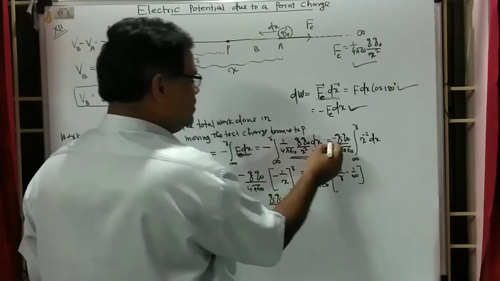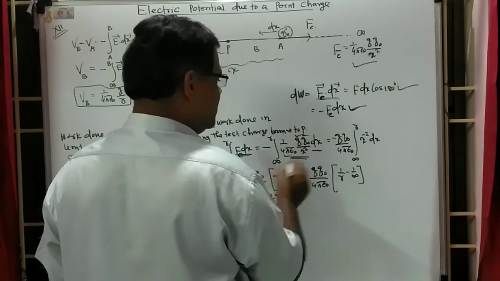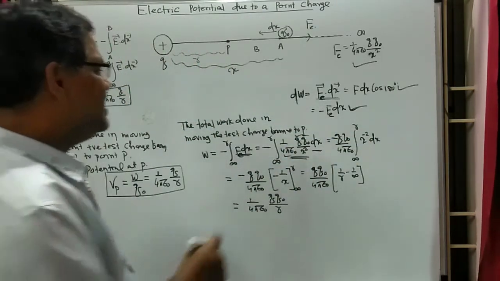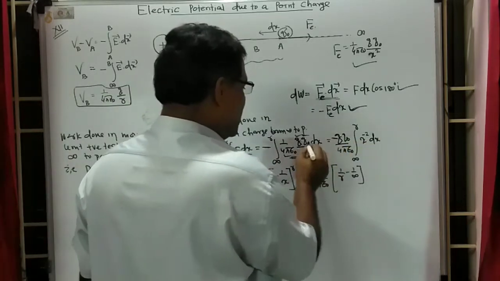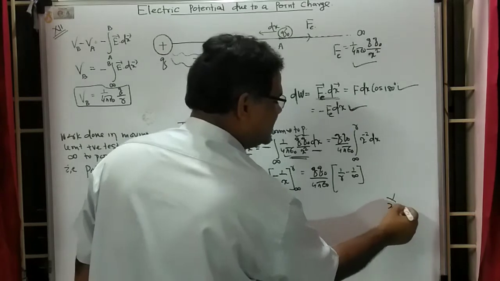This is equal to minus q naught upon 4 pi epsilon naught, and the remaining part of the integration is 1 upon x square dx.